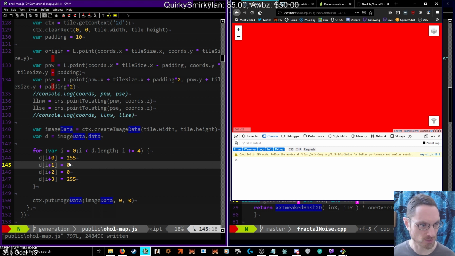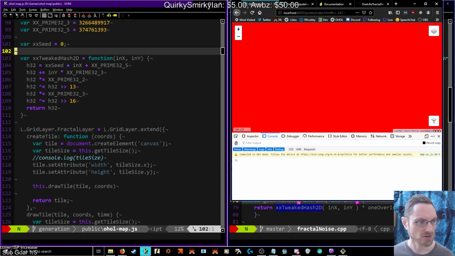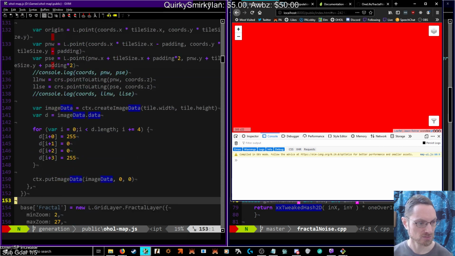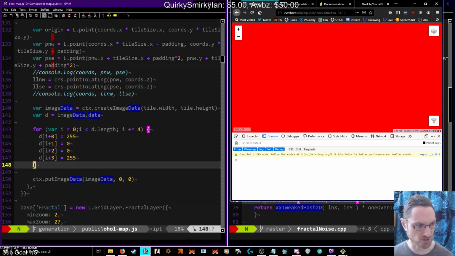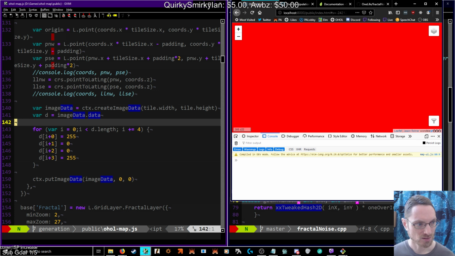Now, can we write something more interesting? So we've got an x and a y. We need to format this so it's an actual x and an actual y. So these are going to be lat long coordinates.